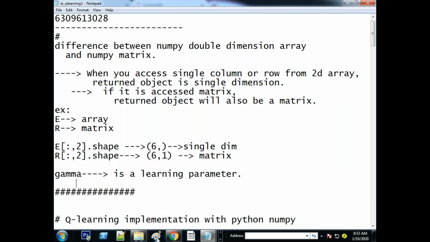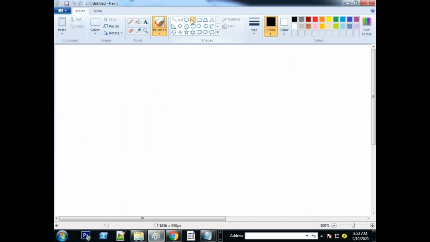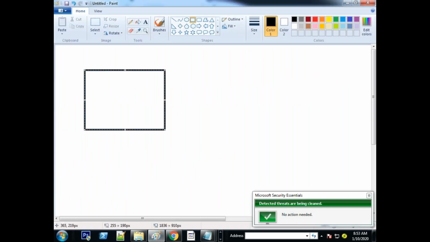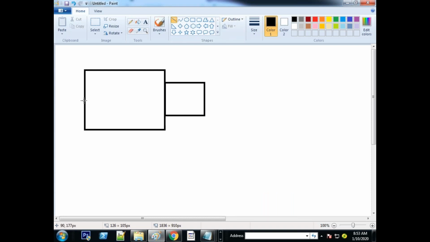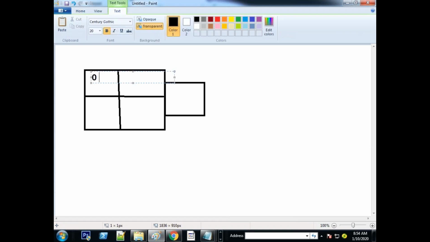So you are confused. I will draw a picture again. This is the room structure I have given already. The room numbers are like this: 0, 1, 4, 3, 2.